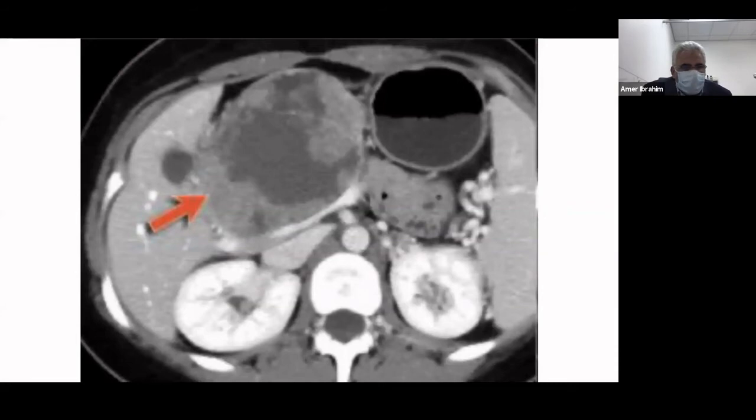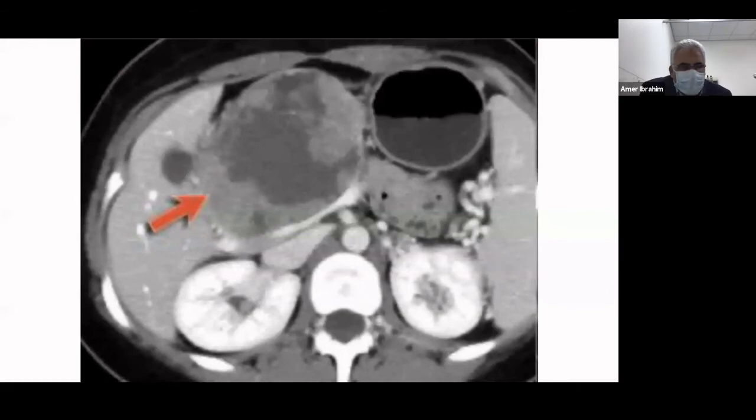This tumor has malignant transformation, and the characteristic of this tumor on images, as we said before in the first slide, is that when there is irregularity of the wall, when there are nodules inside the cystic lesion, then we worry about the lesion being a tumor actually, not a simple cyst.